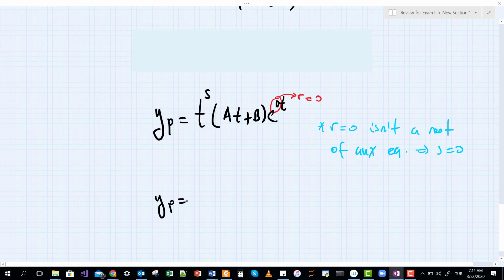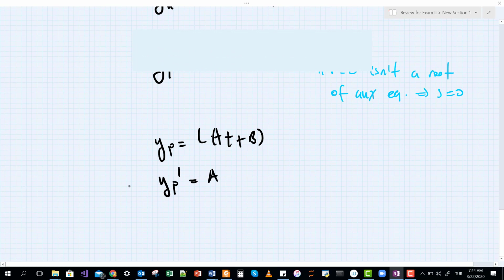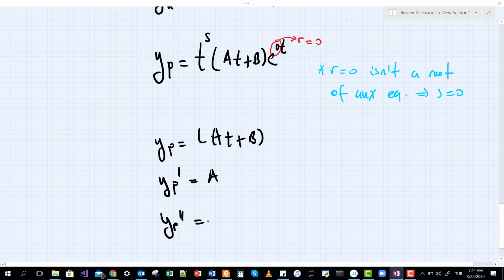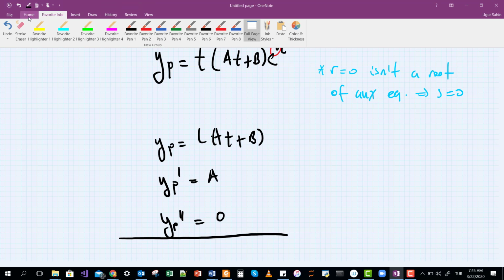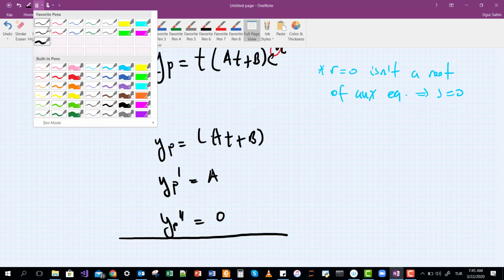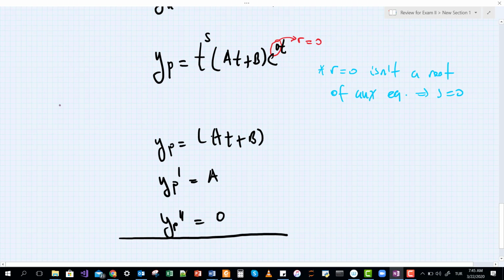So yp = at + b I should have, and I'm going to follow my differential equation. So yp' is going to be equal to a, correct? And yp'' is going to be equal to 0. You will remember from our classes what I should do: I should multiply by the coefficients. The coefficient is -5, so if I multiply, it's going to be -5a.